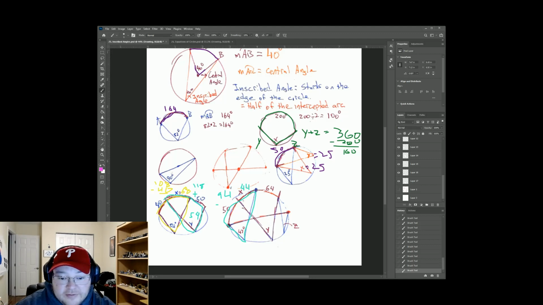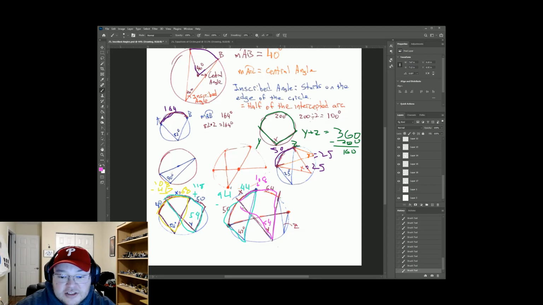So now if we want to find y, we're doing literally the exact same thing we just did last time. We know that it's 44 plus 64, which is 108. And the exact same thing we had over here. So we divide that by 2 and we get 54.